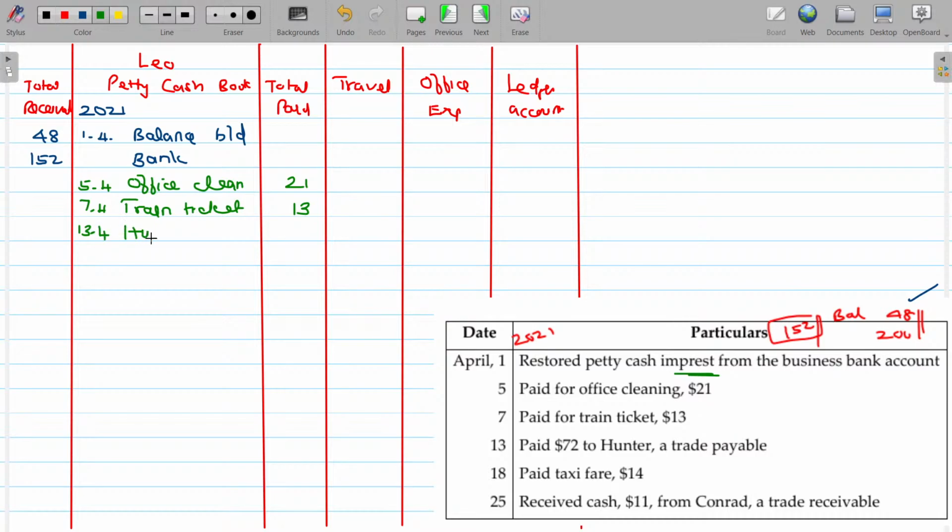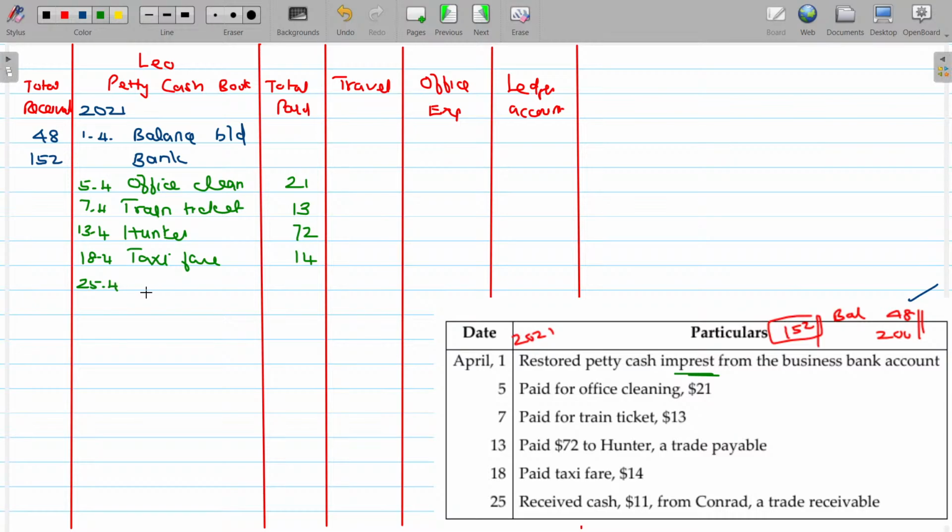Payment to Hunter $72. Paid taxi fare on 18th April. Taxi fare, the value being $14. And received cash 11 from Conrad, a trade receivable, 25th April.